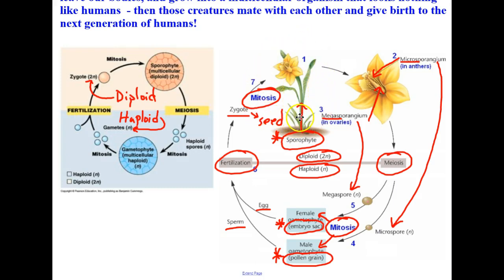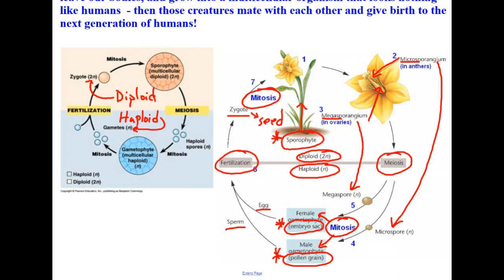Okay? And it grows under the process of mitosis. So again, similar to this diagram on the left, this top half right here is the diploid generation, and this bottom half down here is the haploid generation, alternation of generations.